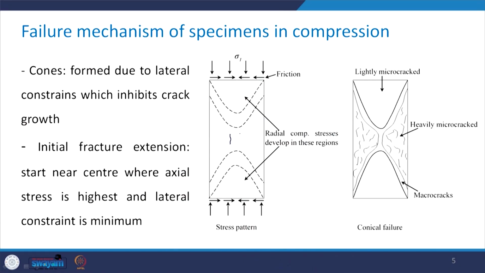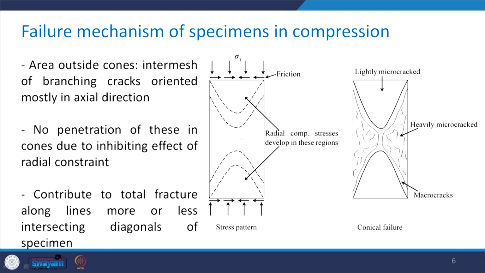So, the initial fracture extension will start near the center, that means here. Near the center it will start, because the axial stress is highest here and the lateral constraint is minimum.